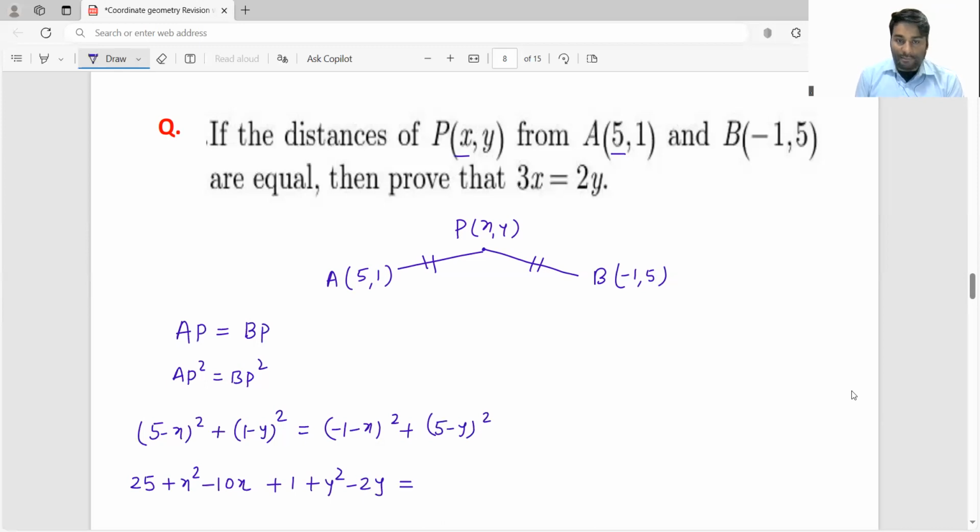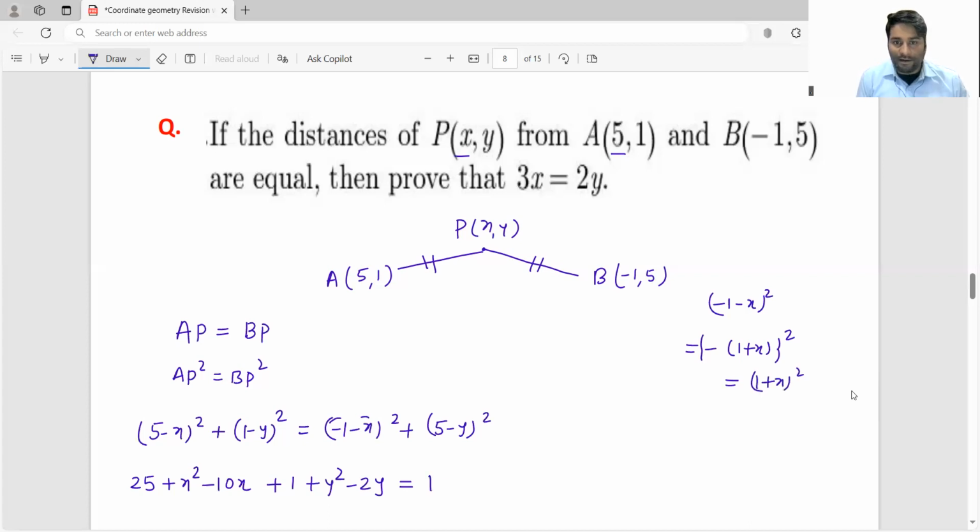Again, here you can see this is something like (-x minus 1) whole square. Just treat this one as a and this one as b. Or we can also write, taking the minus out, (1 plus x) whole square.